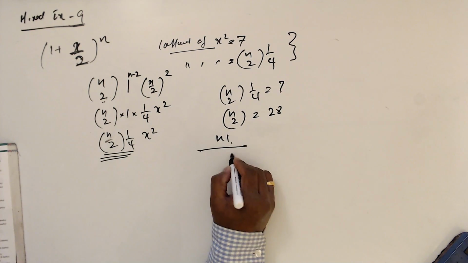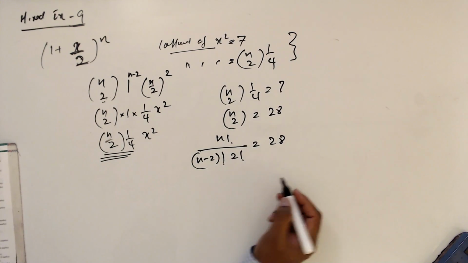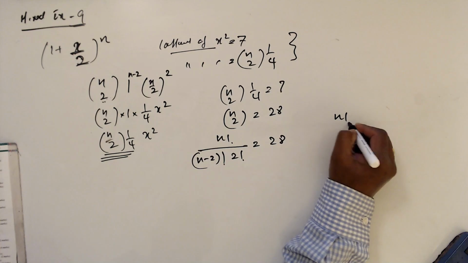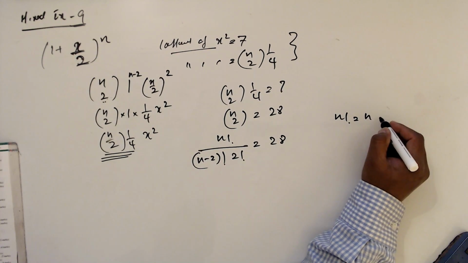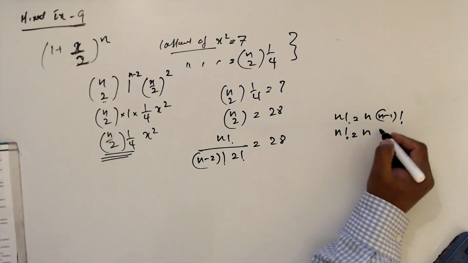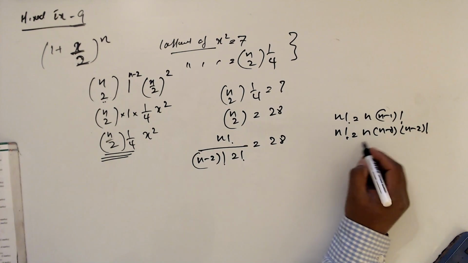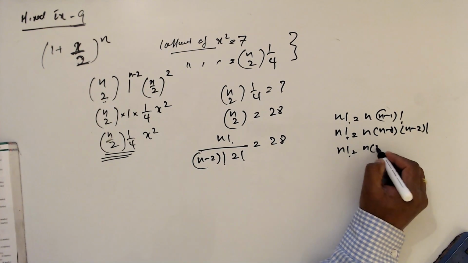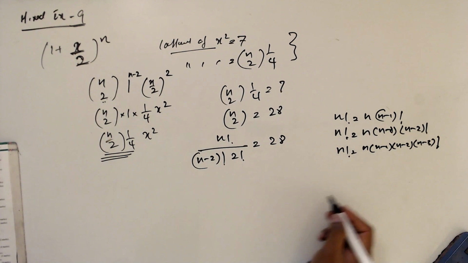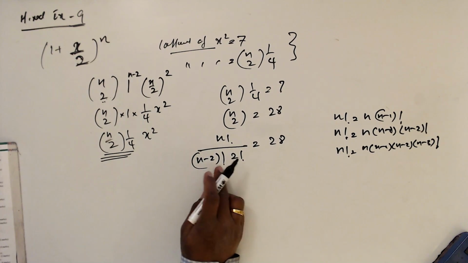n factorial over 2 factorial times (n − 2) factorial equals 28. Now we know that n factorial we can write as n times (n − 1) factorial, and (n − 1) factorial you can write as (n − 1) times (n − 2) factorial. So we pick the one we want: we want (n − 2) factorial.